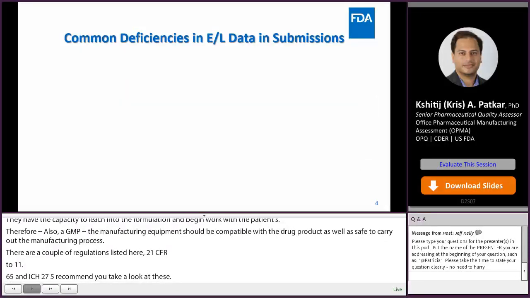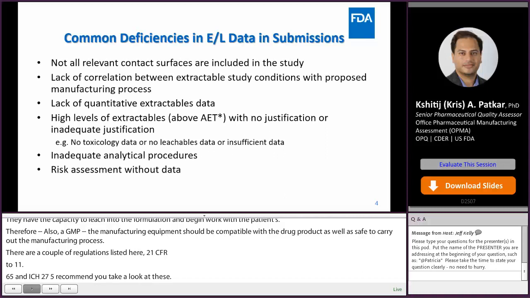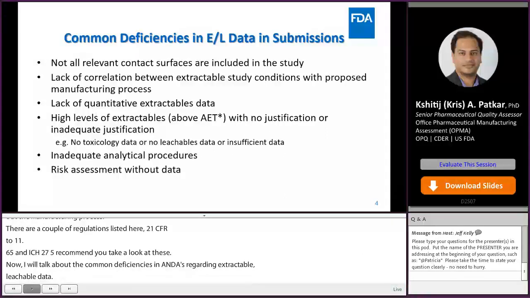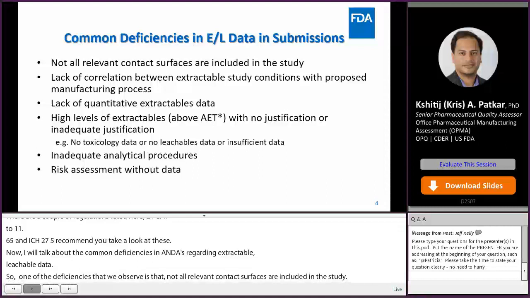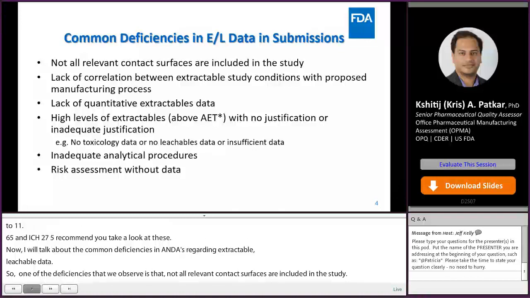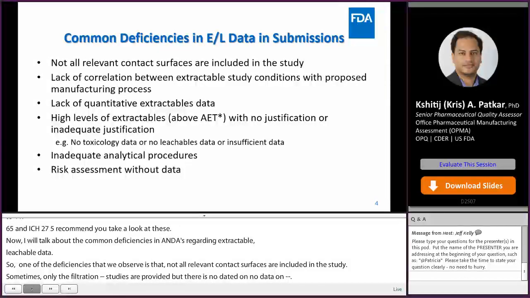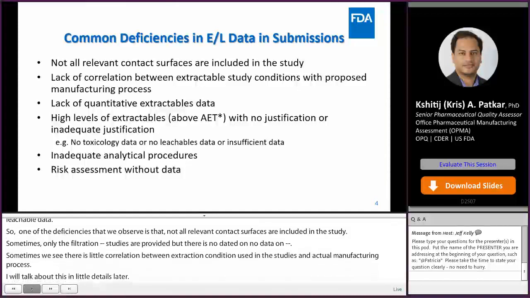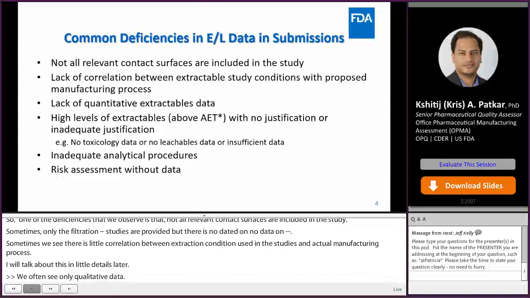Now I'll talk about the common deficiencies in ANDAs regarding extractable and leachable data. One of the deficiencies that we observe is that not all relevant contact surfaces are included in the study. Sometimes only the filter extractable studies are provided, but there is no data on the tubing. Sometimes we see there is little correlation between extraction conditions used in the studies and the actual manufacturing process. I will talk about this in a little more detail later.